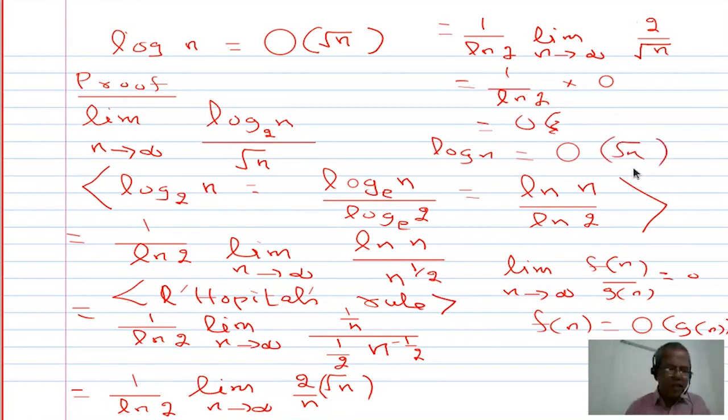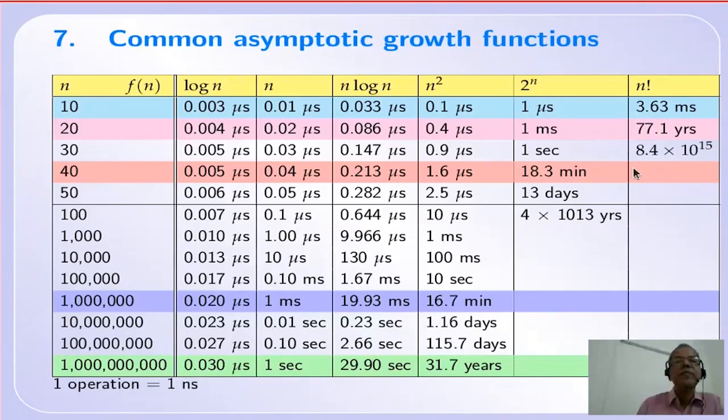All right. I think this level of ability to work with asymptotic growths is enough. We have already seen these common asymptotic growth functions. You should be able to prove that log n grows more slowly than n, which grows more slowly than n log n, which grows more slowly than n squared, which grows more slowly than 2 power n, which grows more slowly than n factorial.